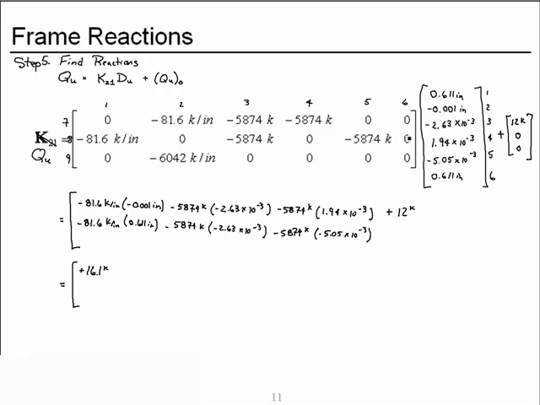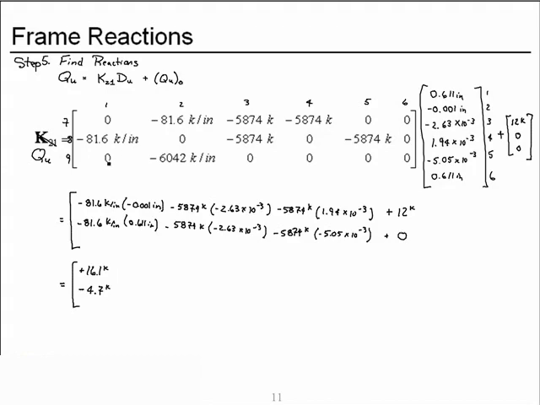Then we have a 0 times this degree of freedom plus a 0 from the fixed end forces. When we multiply and add all of these up, we get a negative 4.7 kips.